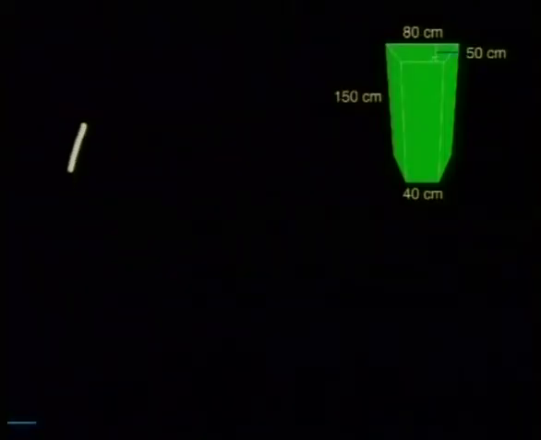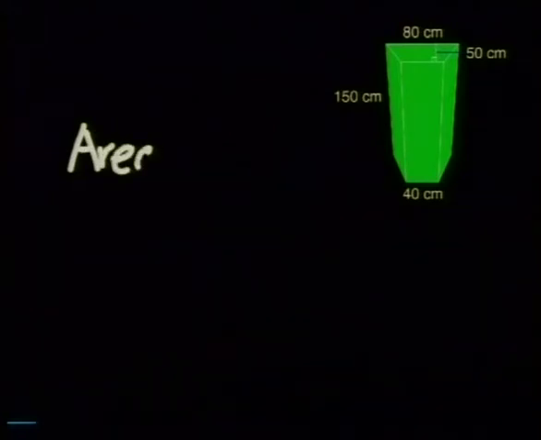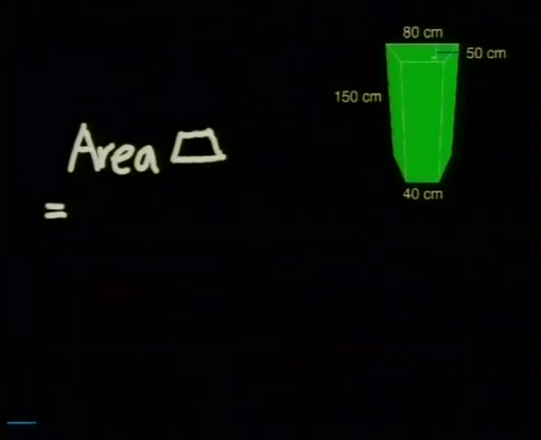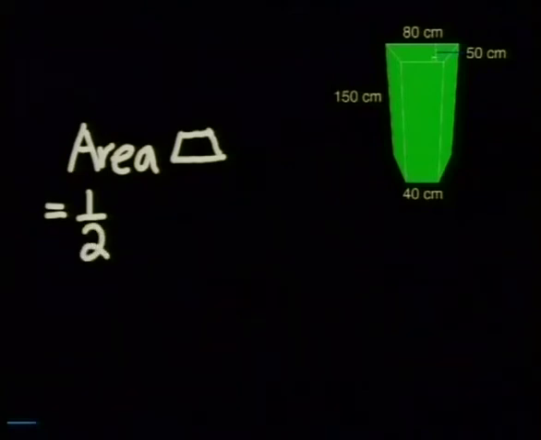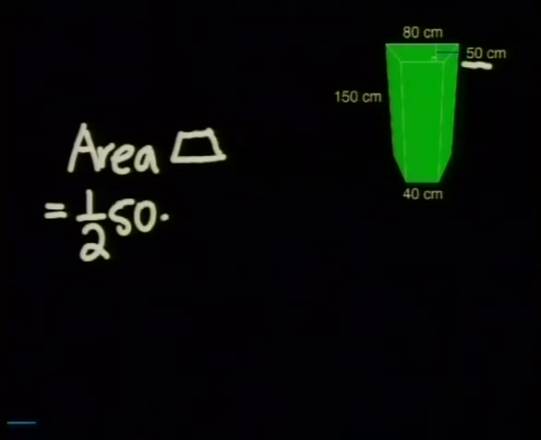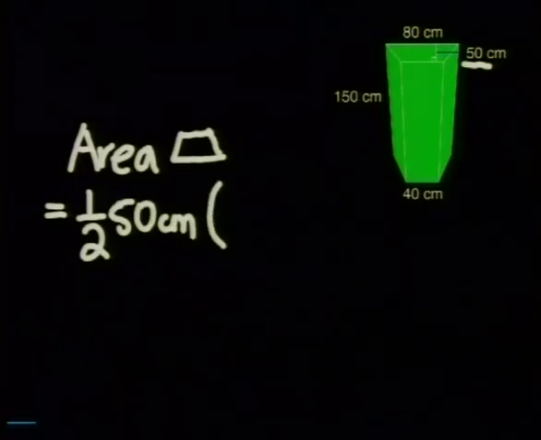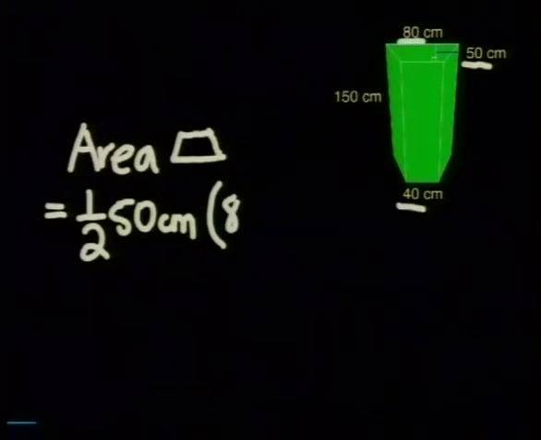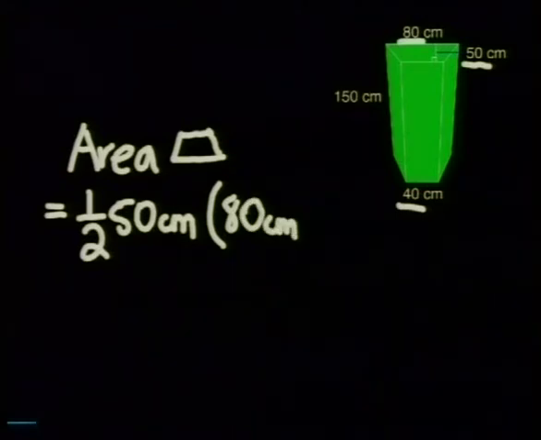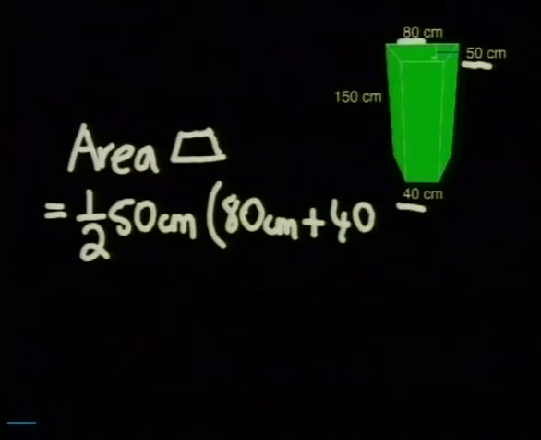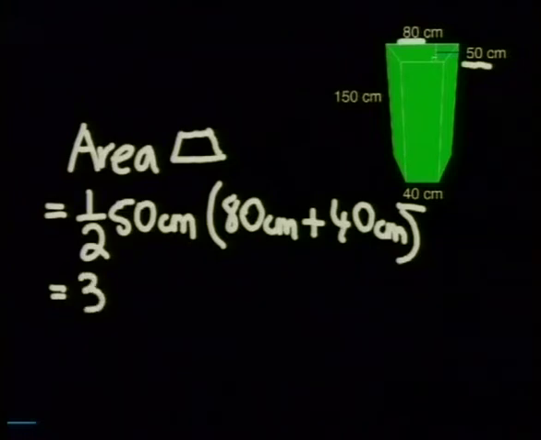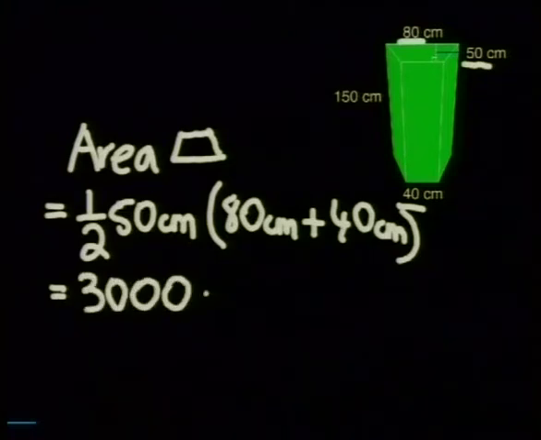So we can say that the area of our trapezium is equal to half our perpendicular height, which is 50 centimeters, multiplied by the sum of our parallel sides, which are 80 centimeters plus 40 centimeters, which is equal to 3000 centimeters squared.